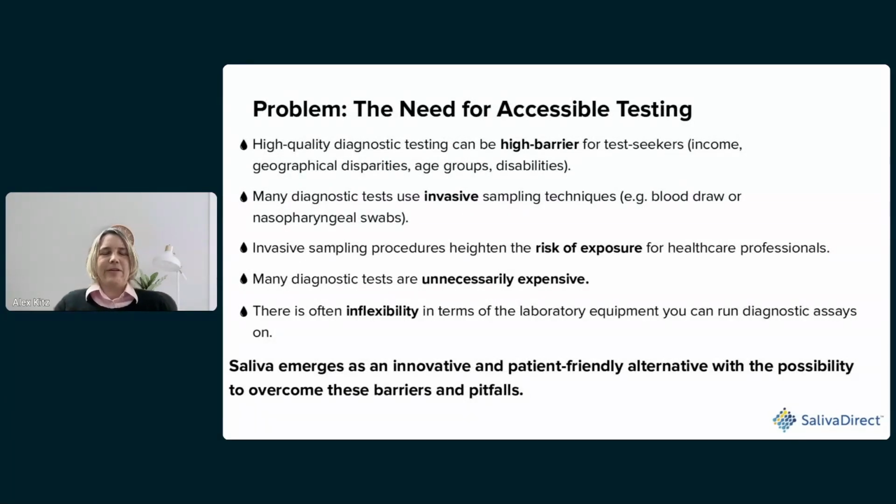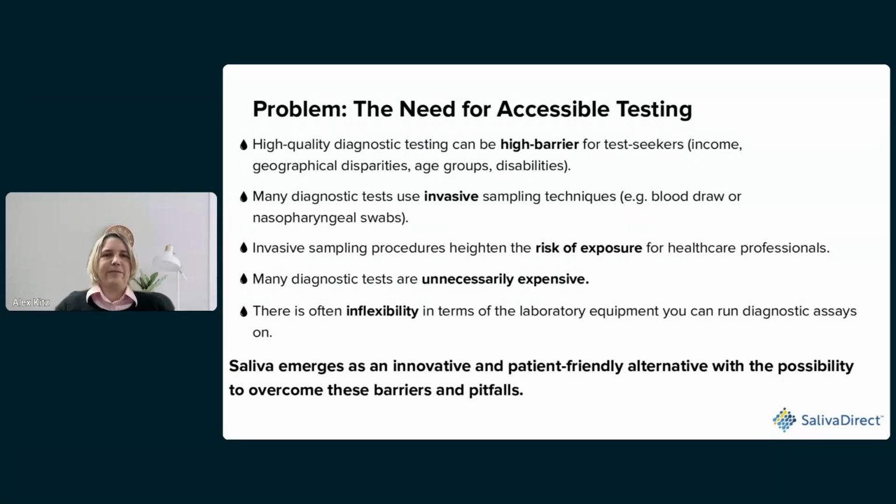First, the problem we identified is, although there are a lot of diagnostic mechanisms and technologies out there, there's still need for accessible testing. High-quality diagnostic testing can be a high barrier for test seekers based on their income, their geographical disparities, age groups, disabilities, and many diagnostic tests still use invasive sampling techniques, for example, the venous puncture blood draw or nasopharyngeal swab.